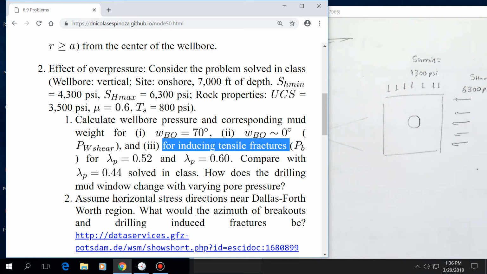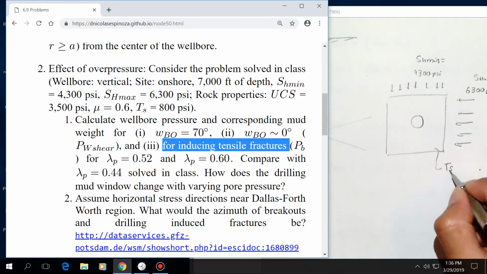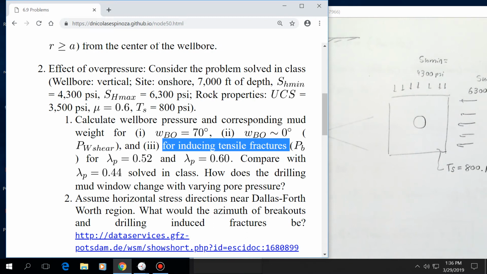And we know that this rock has a tensile strength of 800 psi. That's everything you need right now.